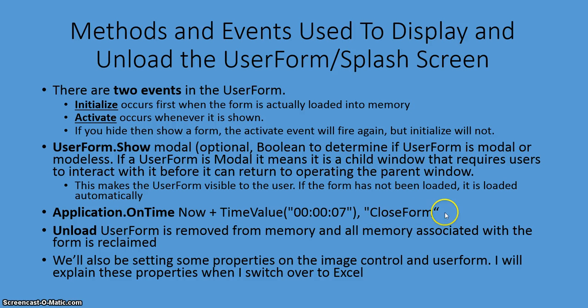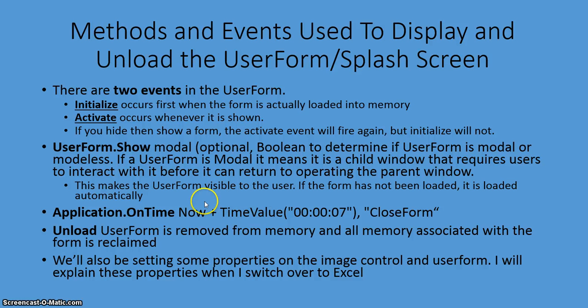And then the second parameter is going to be utilized to execute a subroutine. So let's go back to this first parameter. I'm going to be first calling the now function, which is going to return the current system time of your computer at the time when you open up your workbook.